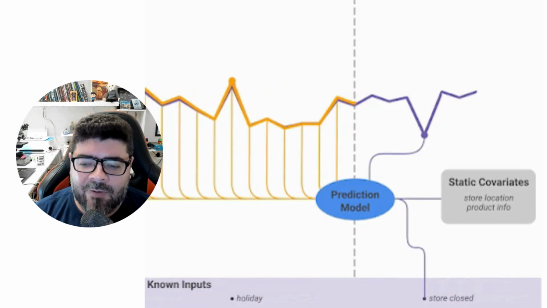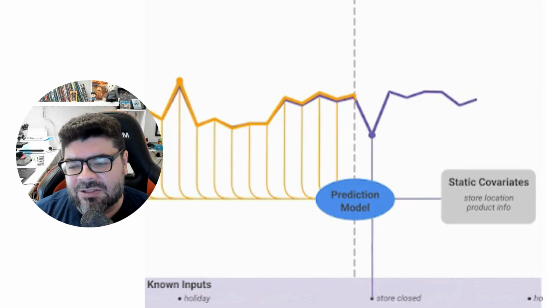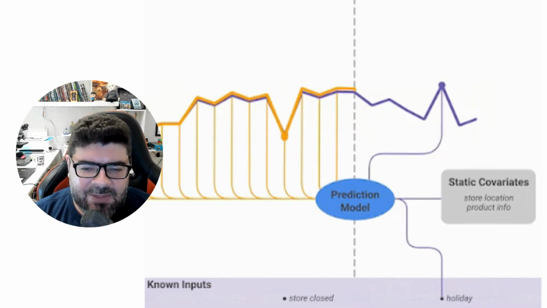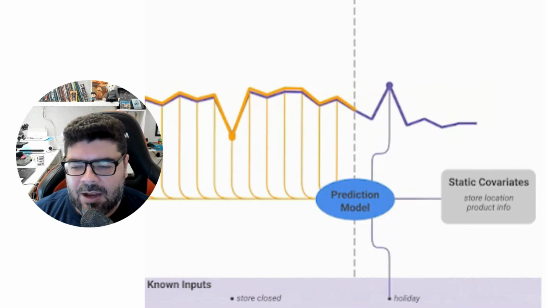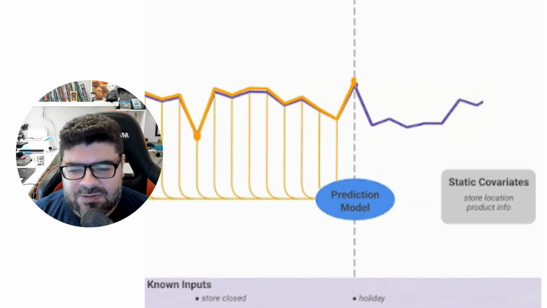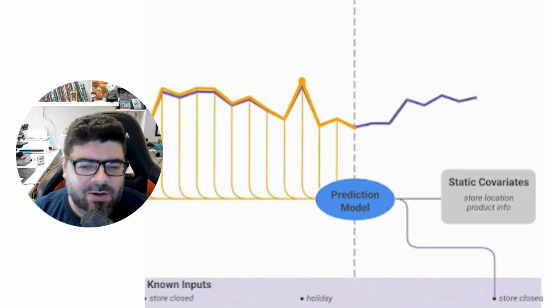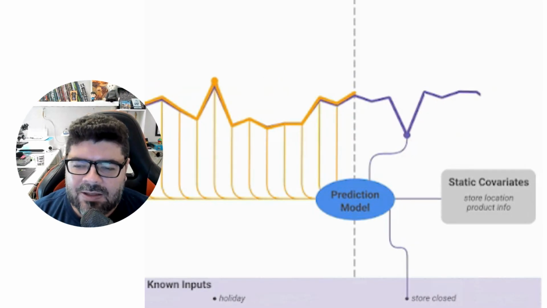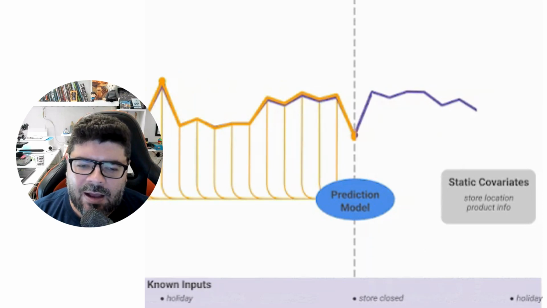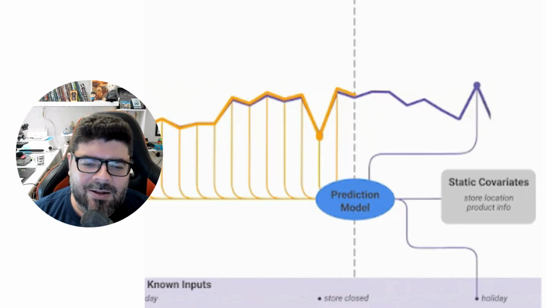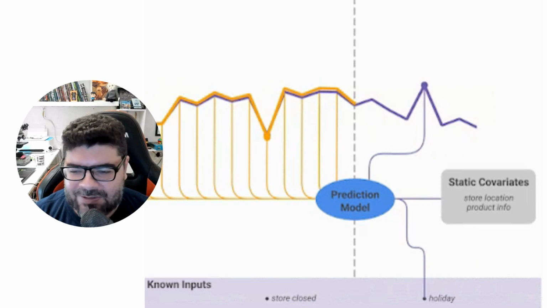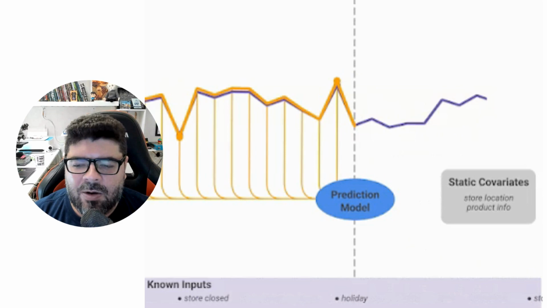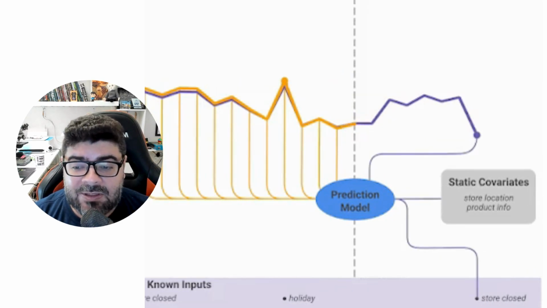The dynamic covariates are covariates that change in time, like the number of products bought on some day, the health of some day, the temperature of the location on some day or in some hour. So you have static covariates and dynamic covariates, and we're going to see this now in code.